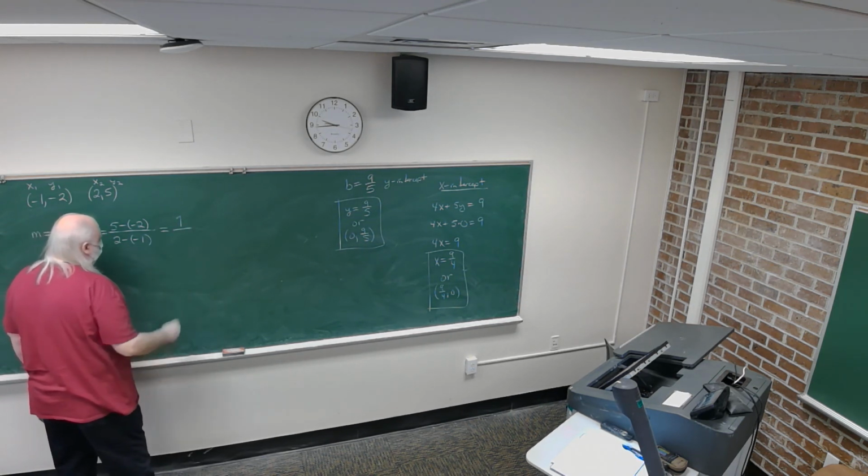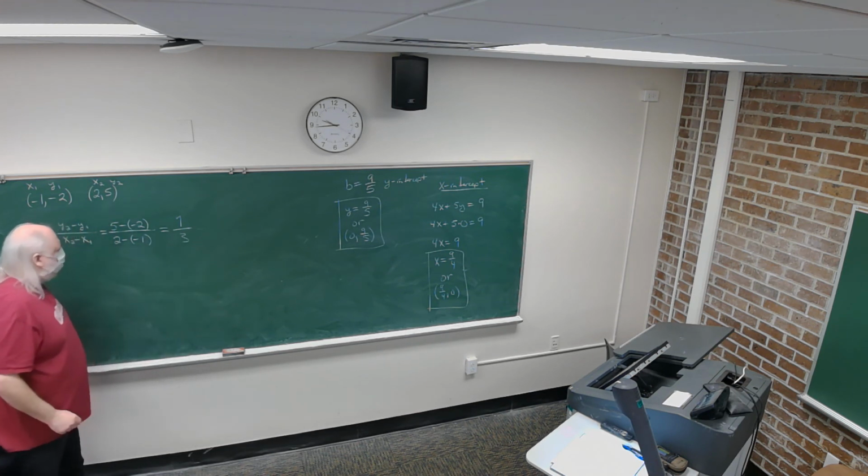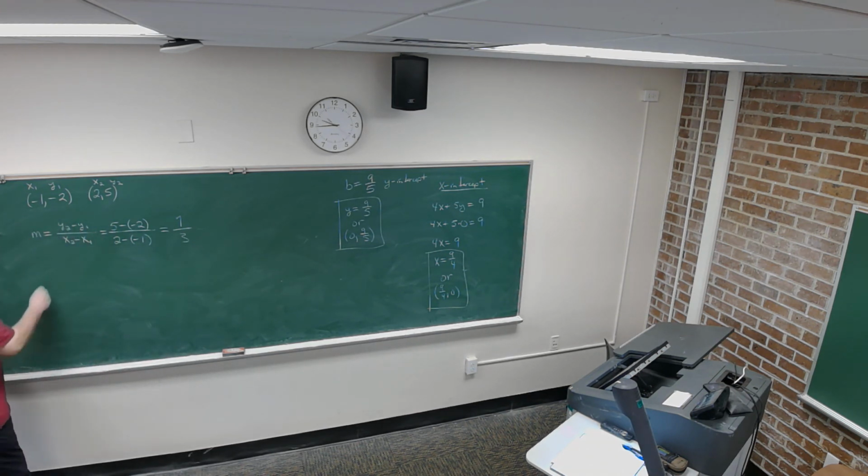And 2 minus a negative 1 is the same as 2 plus 1. So the slope is equal to 7/3.